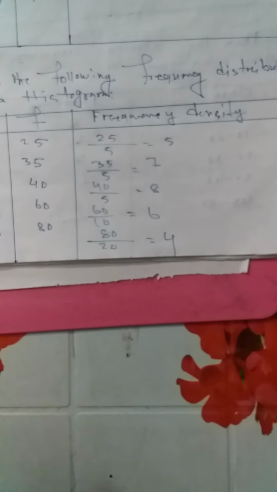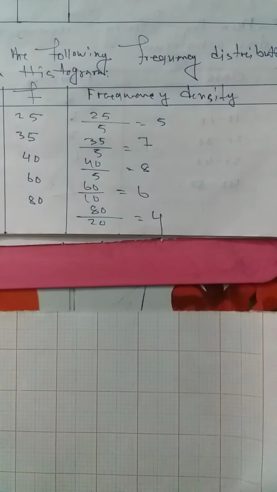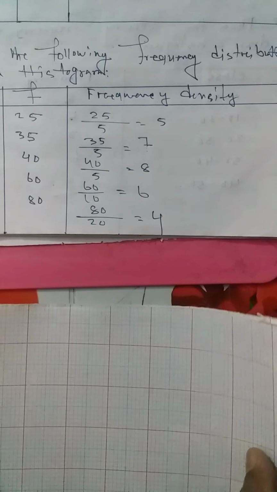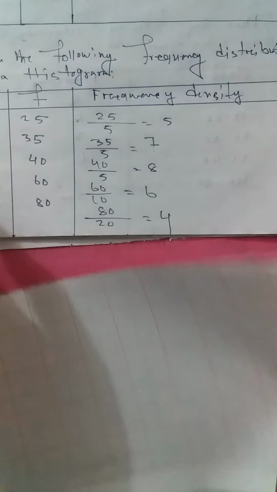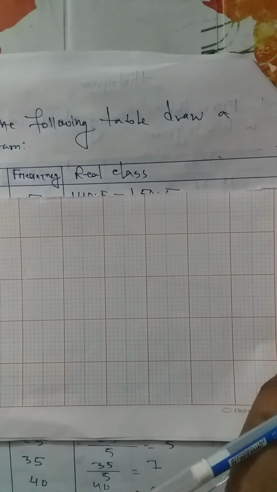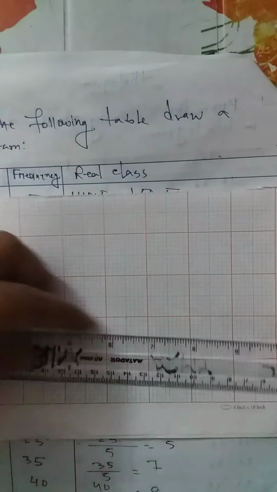Now draw the histogram for unequal class interval. Here, student, follow the rules. Now draw about the question.